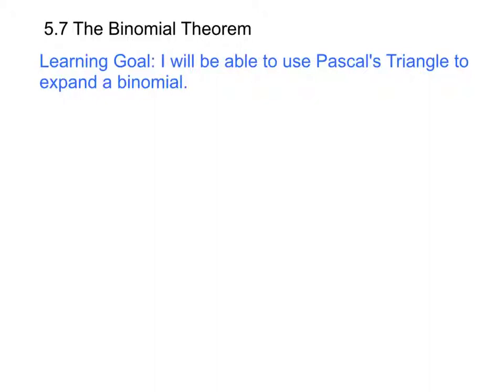So the way the triangle works, this is the pattern, and you have to be familiar with it. So if you notice, the top of the triangle starts off with 1, then it goes 1, 1, and then it goes 1, 2, 1, and the 2 comes from adding 1 plus 1.